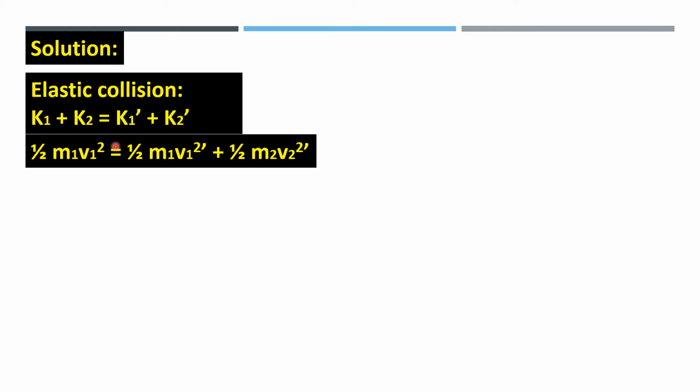Expressing the kinetic energies in terms of 1/2 mv squared, we have 1/2 the mass of particle A, but we use the subscript 1 instead, and then the initial speed. It's more appropriate to call this speed because kinetic energy is a scalar quantity, so it must be associated with a scalar quantity as well, which is speed.